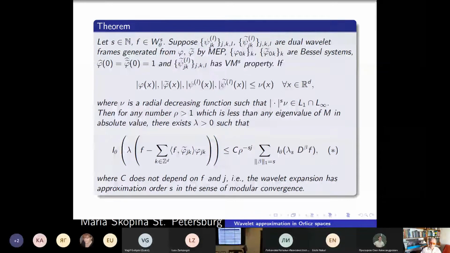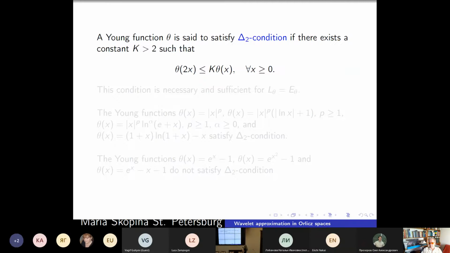Rho is an arbitrary number which is less than any eigenvalue of M, but in the one-dimensional case, M is a number and rho may be taken equal to M. Okay. So we obtain approximation order for modular convergence.